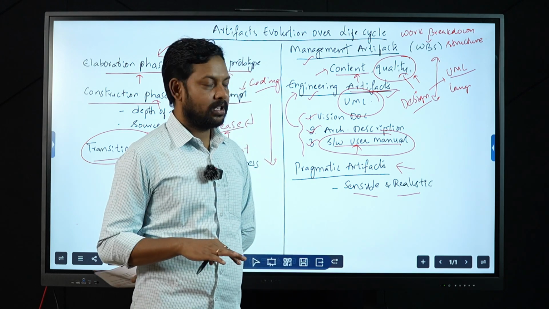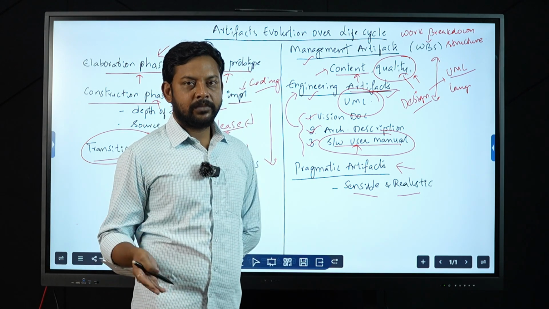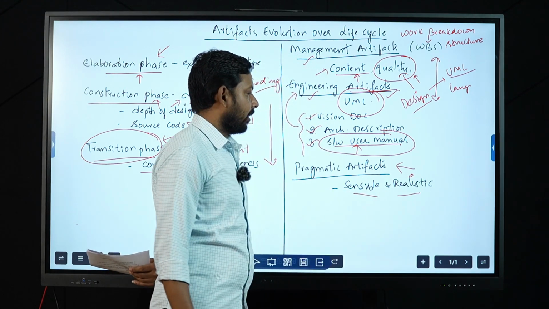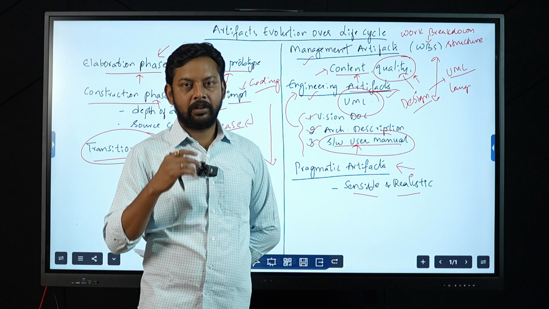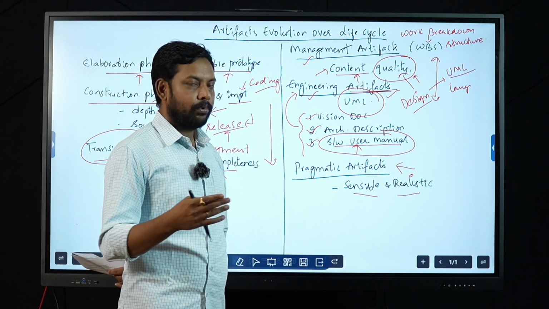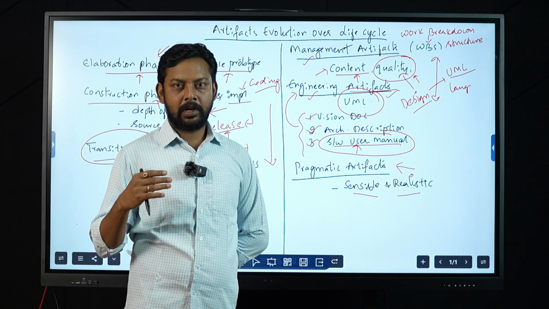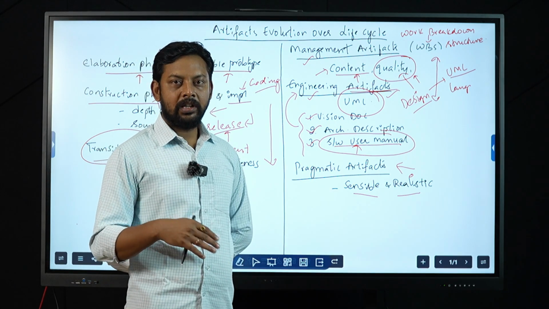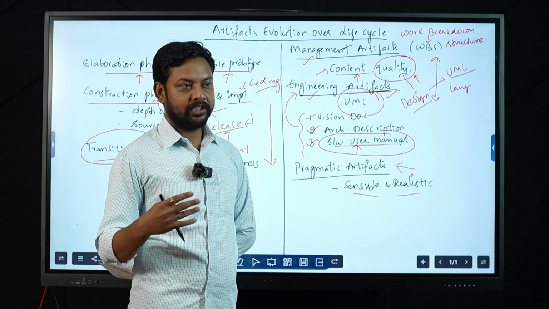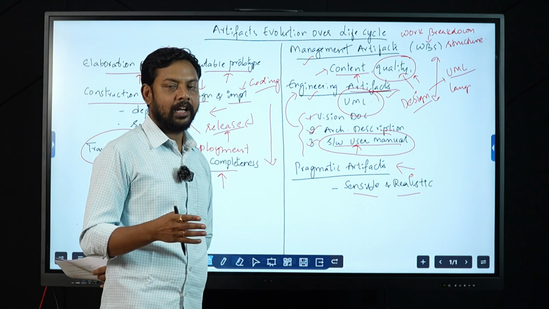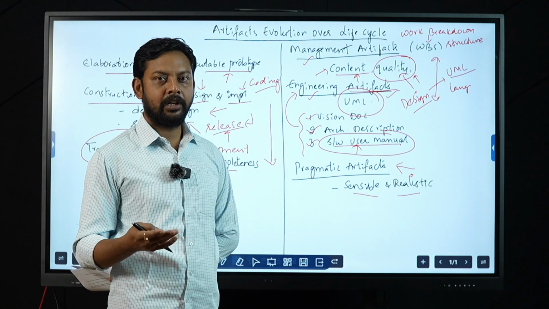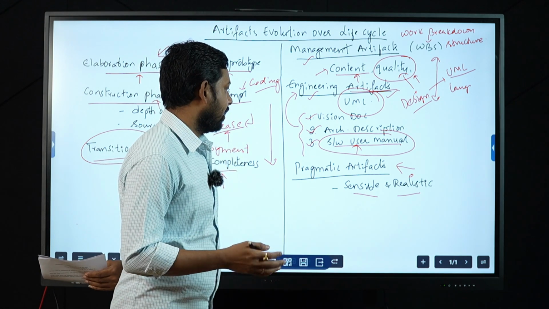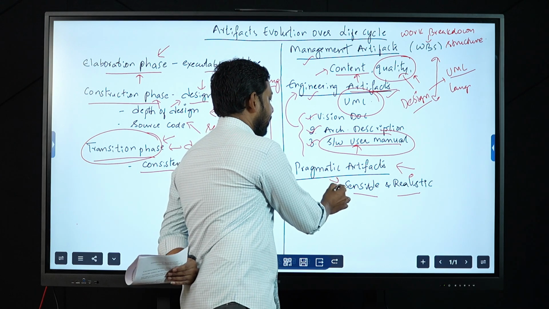But when it comes to practicality, once the development has started, only then the programmers will understand what requirements were taken from the customer, what is actually necessary for your project development, what you are missing, and what you are having in advance. So these sensible and realistic data are dealt with in your pragmatic artifacts.